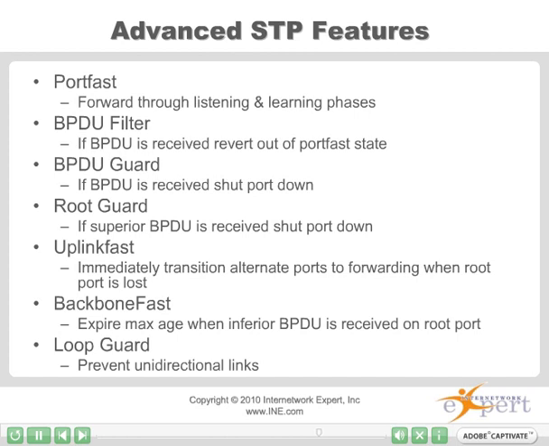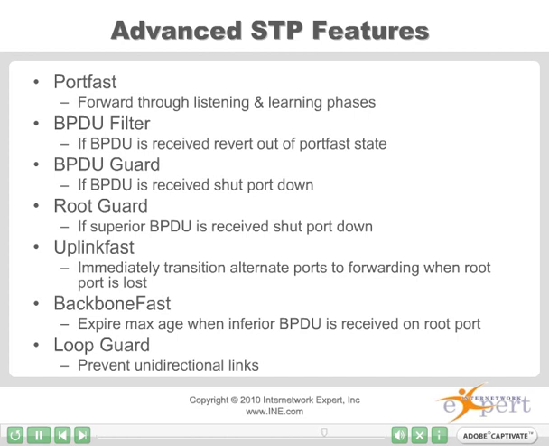There's UplinkFast, which is something that we're going to configure on our access layer switches so that they transition their non-designated port more quickly when a root port fails. So that's neat. It helps the classic spanning tree to converge more quickly on a direct link failure.